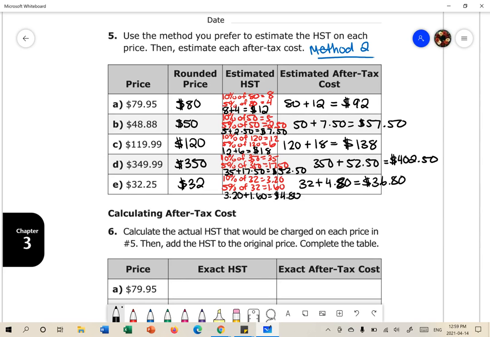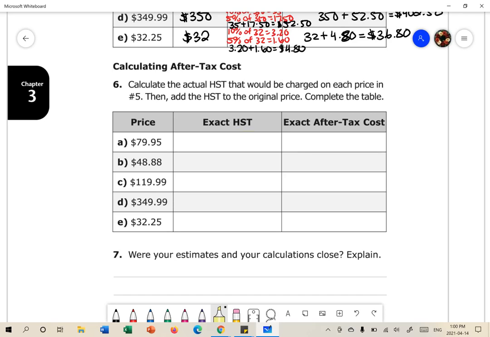So now we're going to calculate the actual HST that would be charged from the previous question, all the prices there, into this table below. The HST is 13%. So I'm going to take my exact price, $79.95, and I'm going to multiply it by 13% in decimal form.